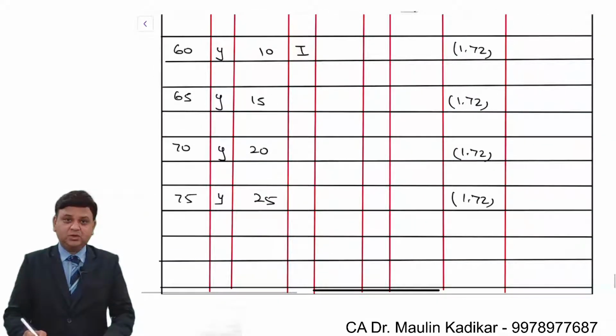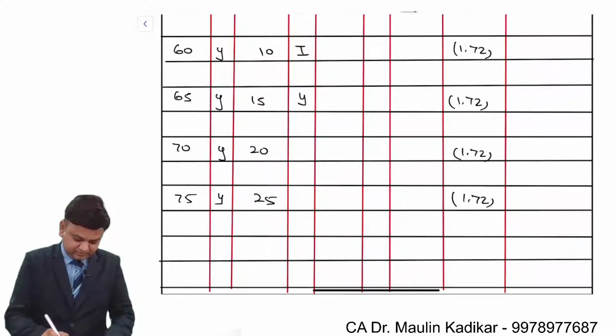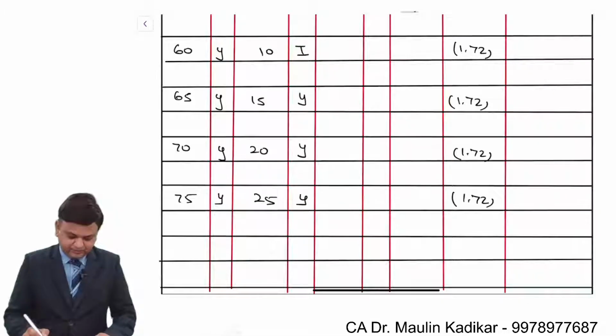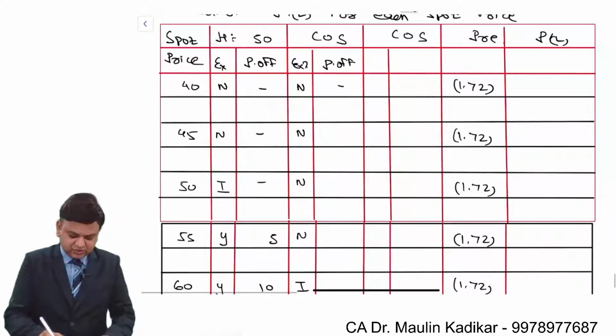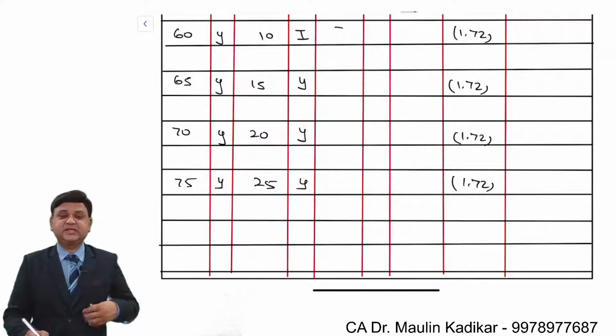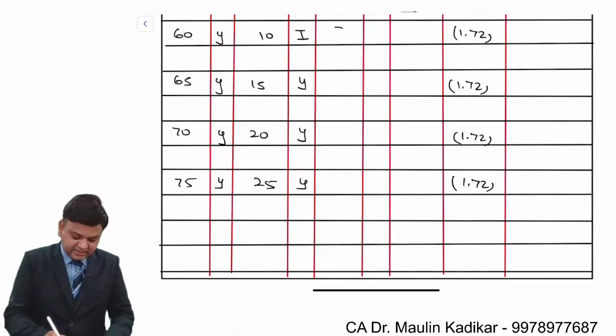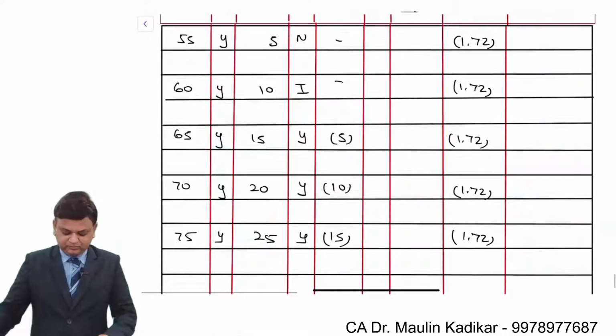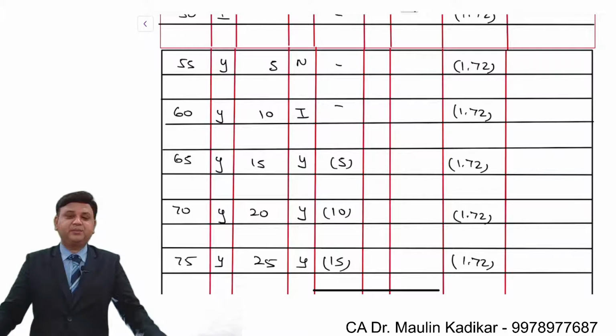If the price is more, he will exercise. If he does not exercise or he is indifferent, the payoff value is 0. If he starts exercising, then his positive payoff will be negative for us. This is the way we are required to show the payoff.